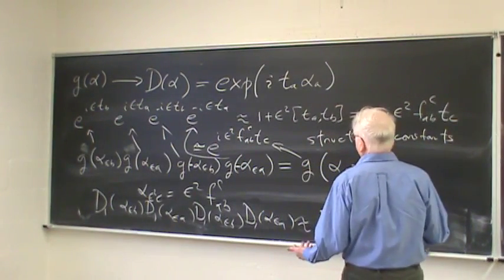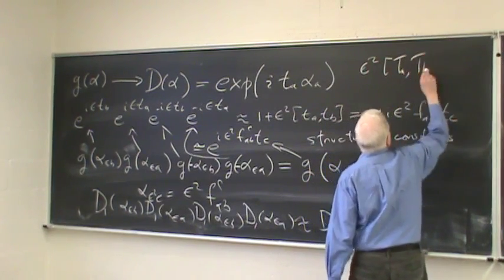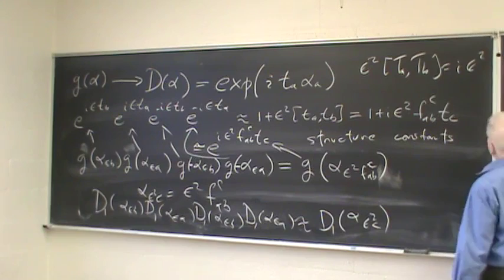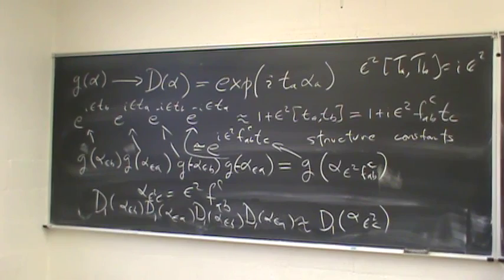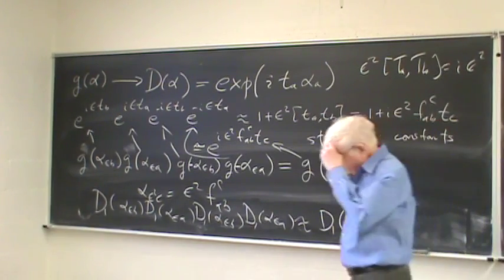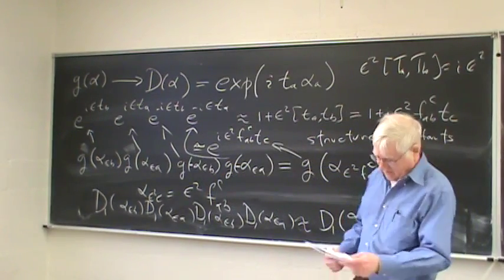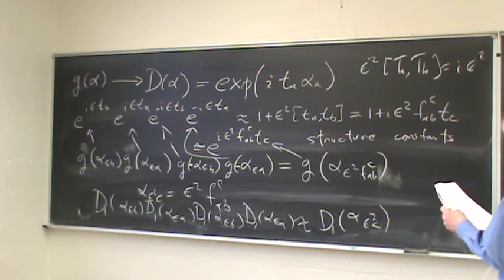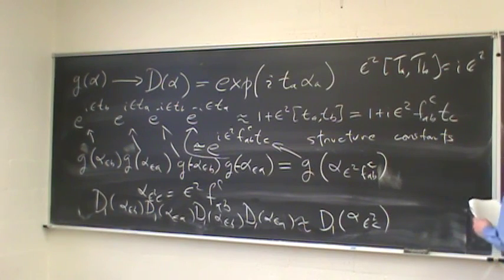But the different set of generators would have to satisfy epsilon squared T_A T_B would be i epsilon squared f_{AB}^C T_C. In other words, what changes is the generators, but these constants here don't change. Okay. So once we adopt that, then the structure constants are independent of the generators, and everything then is defined by this relation.